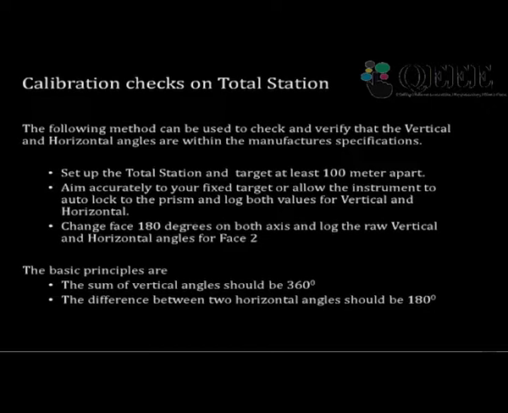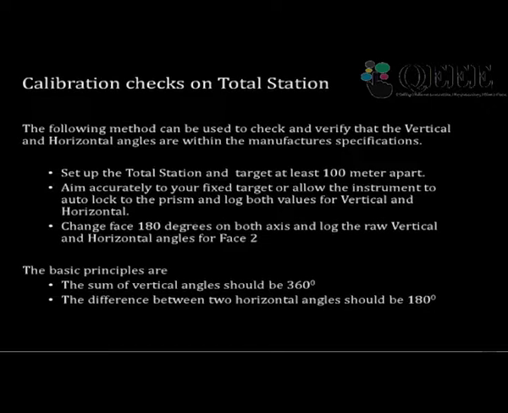Aim accurately at your fixed target. Bisect your target or allow the instrument to auto lock to the prism. Then note down the vertical and horizontal angles between the instrument station and the target station.